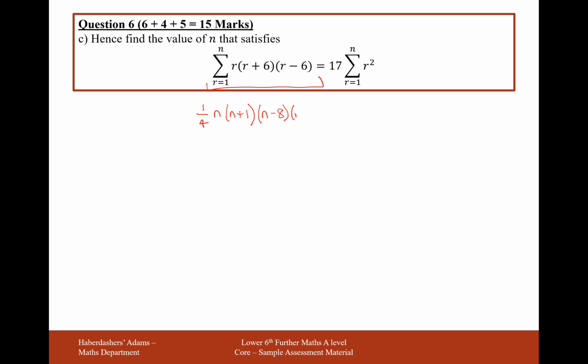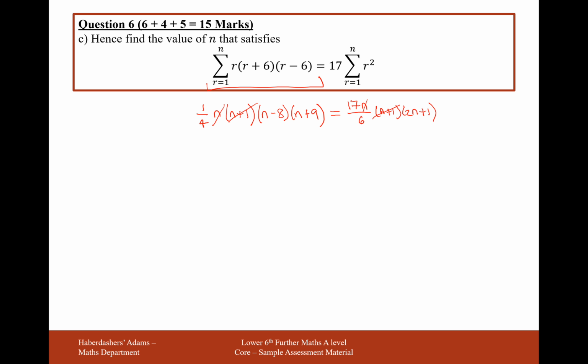So that was the formula for this part here. And the formula for the sum of r squared times by 17 is going to be 17n over 6, n plus 1, 2n plus 1. So given that n is a positive integer, we can cancel these out. Cancel out the n there and there. n plus 1s can go as well.